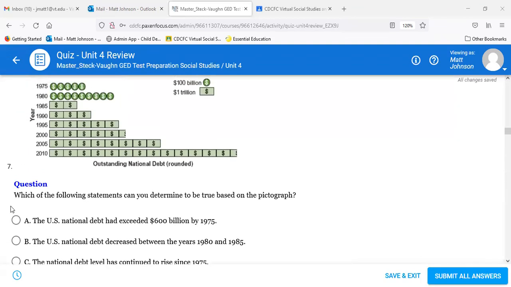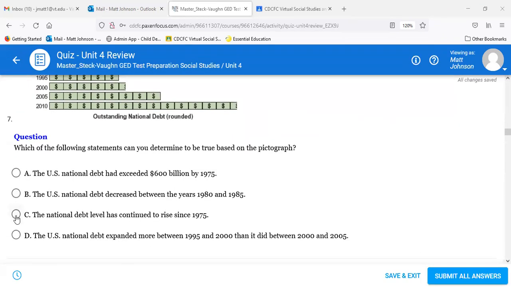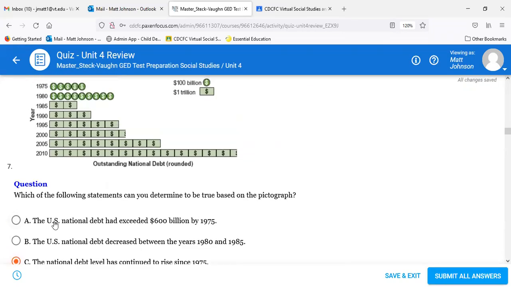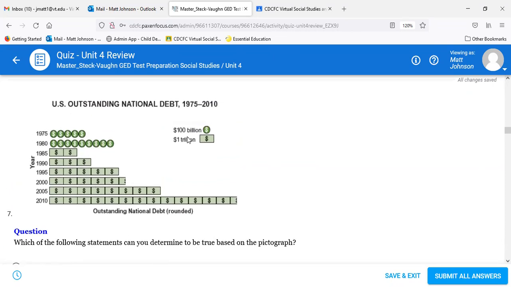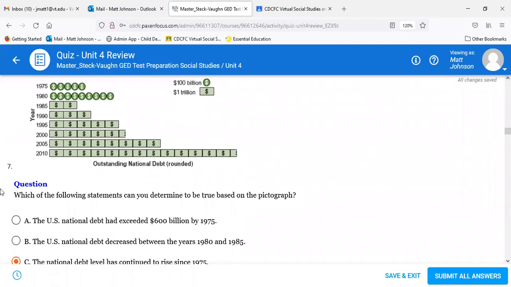Because just generally speaking, it continued to rise from 1975. So A, the U.S. national debt had exceeded 600 billion by 1975. We were at 1, 2, 3, 4, 500 billion. Oh, yeah, I miscounted. If I didn't have my glasses on, I'd do the same thing.